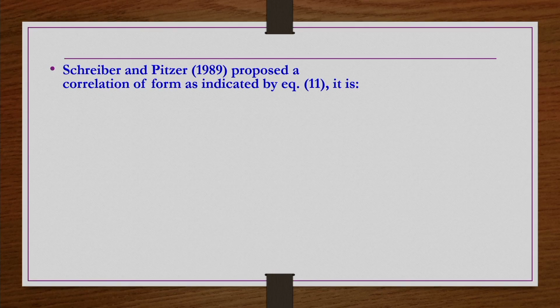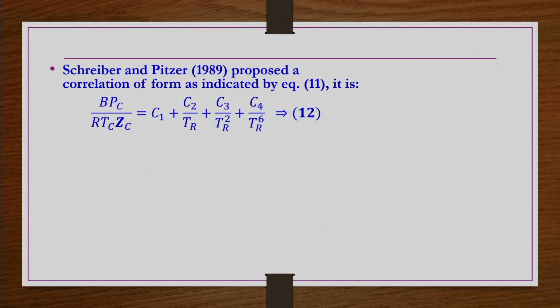So, Schreiber and Pitzer proposed a correlation of the form indicated by equation 11. In equation 11, B Pc by RTc is some function of T by Tc, or Tr. Now if you write B Pc by RTc Zc equals C1 plus C2 by Tr plus C3 by Tr square plus C4 by Tr power 6.